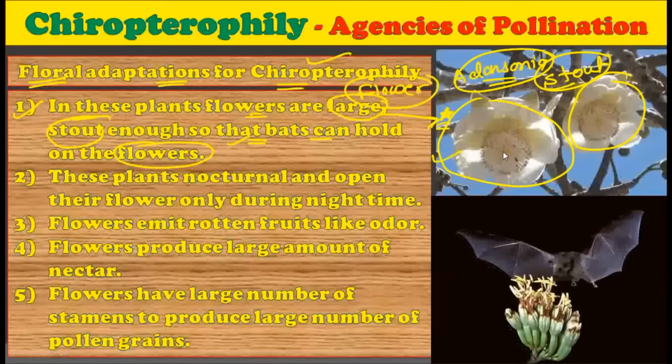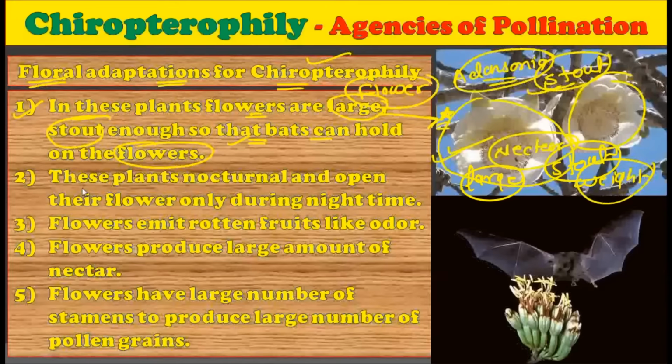Because these flowers have to hold the weight of the bat. That is, bats often sit on these flowers and try to extract the nectar, and that is why these flowers have to tolerate the weight of the bat, and that is why they are very large and stout in nature. So this is the first adaptation. The chiropterophilous flower shows that these flowers are large and stout in nature.